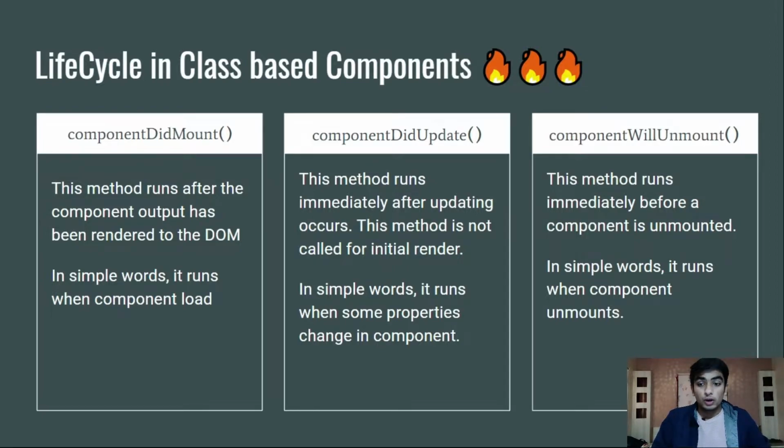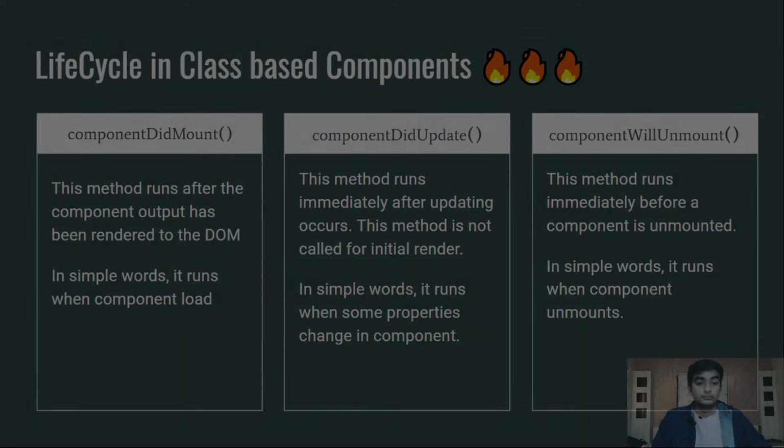Now we are going to achieve the same goal that these life cycle methods give us using the useEffect hook. So there are four use cases to achieve the same thing that these life cycles do.